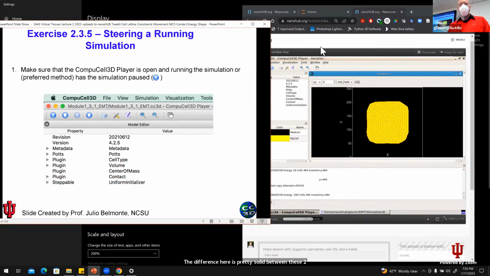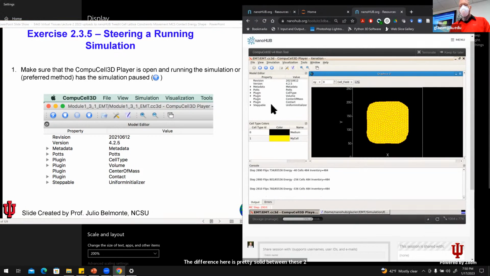The other thing you could do, and this is the last thing I want to show you, is that you don't have to change the values in the code itself. A lot of the values can be changed while the simulation is running, which is very convenient. In this box in player called Model Editor, if I open up plug-in contact here, one thing I have to do is open things up by hand.